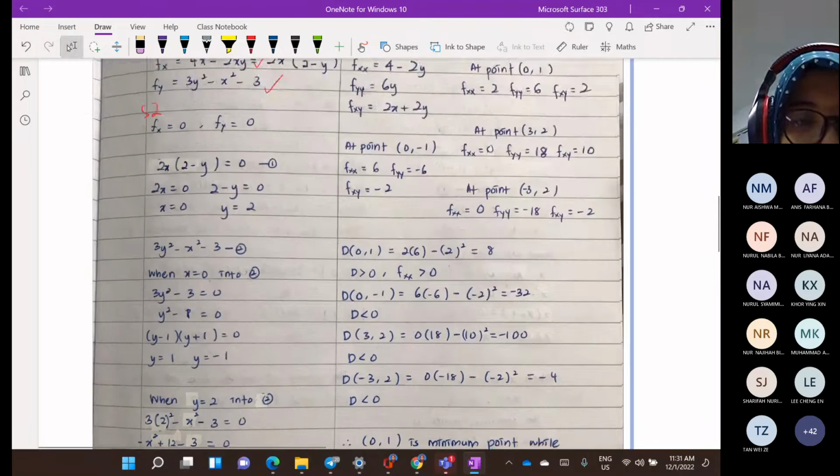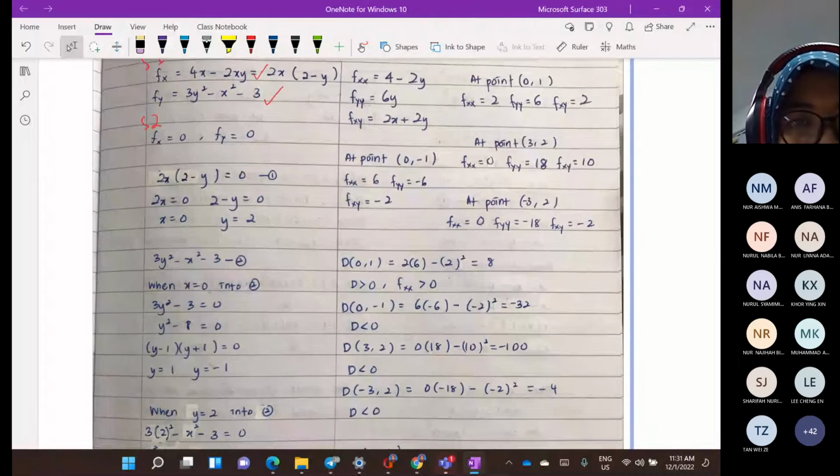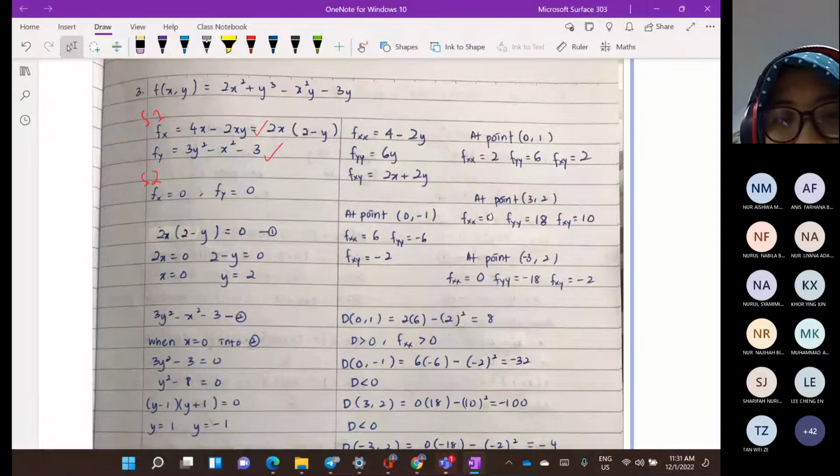Okay. Dan step 3 kita akan cari f double x, f double y dan f x y. Okay. F double x kita akan dapat 4 tolak 2y dan f double y kita akan dapat 6y dan f x y kita akan dapat negatif 2. F x y? F x y kita akan dapat negatif 2.